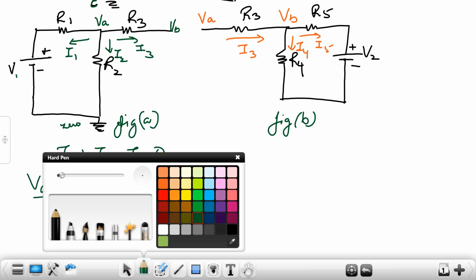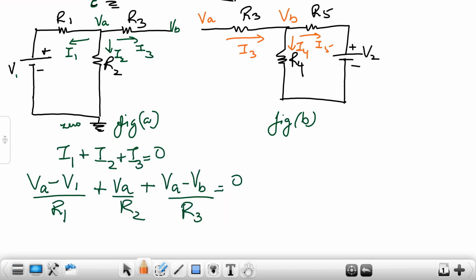Now if we apply KCL to figure B, we get I4 plus I5 minus I3 is equal to 0. In other words, I4 plus I5 is equal to I3. As I3 is entering node B, it gets split into I4 and I5.